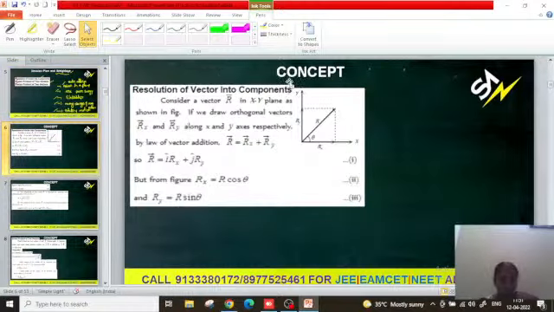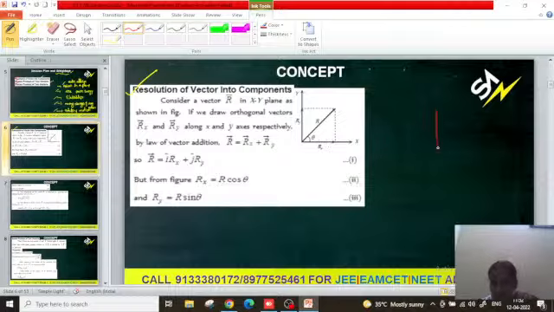So now our concept is resolution of vector into components. Let us see the diagram here. There is a vector r bar in the xy plane, shown along the orthogonal x direction and y direction.